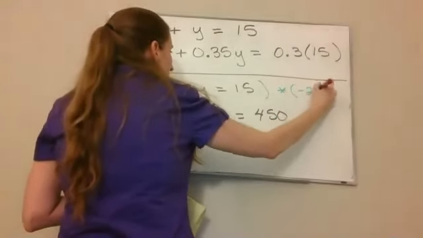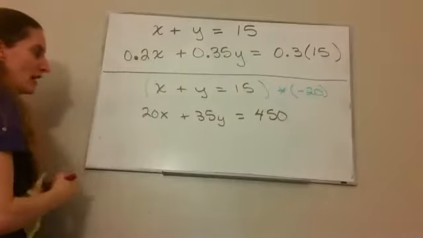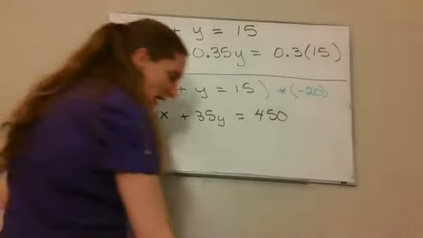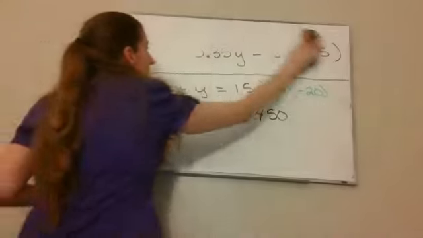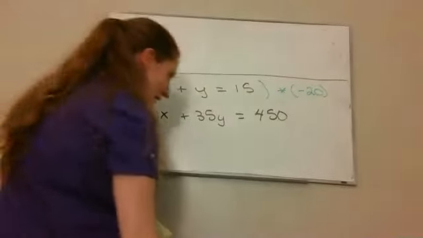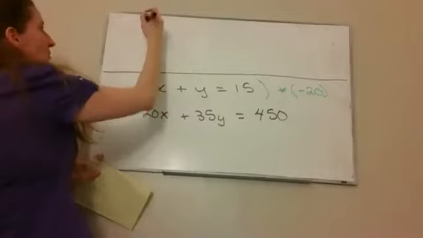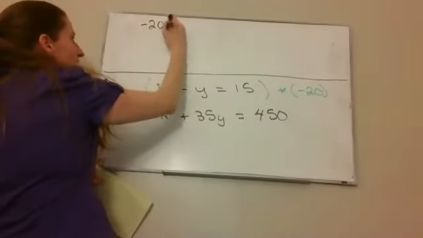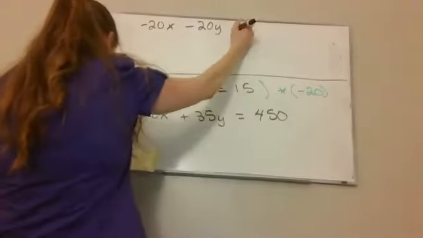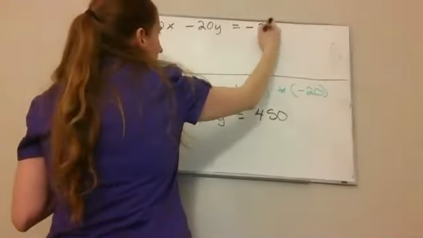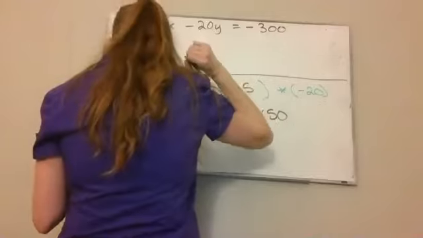If I multiply the top equation by -20, that will get me x's of opposite signs. So my top equation now becomes -20x minus 20y is equal to 15 times -20, which is -300.